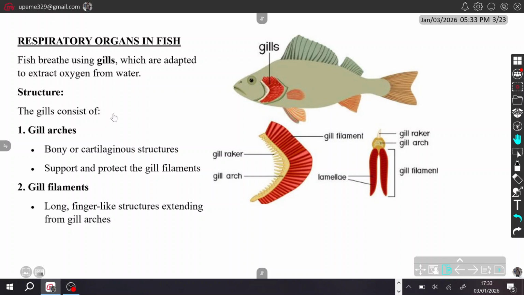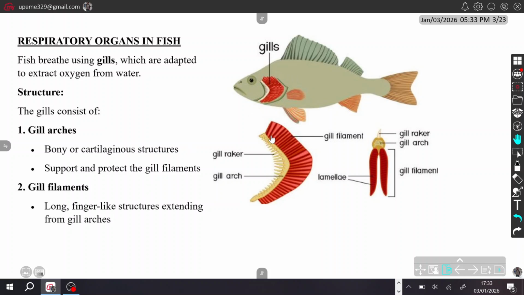The gills consist of what we call the gill arc. What are the gill arcs? It is a bony or cartilaginous structure.